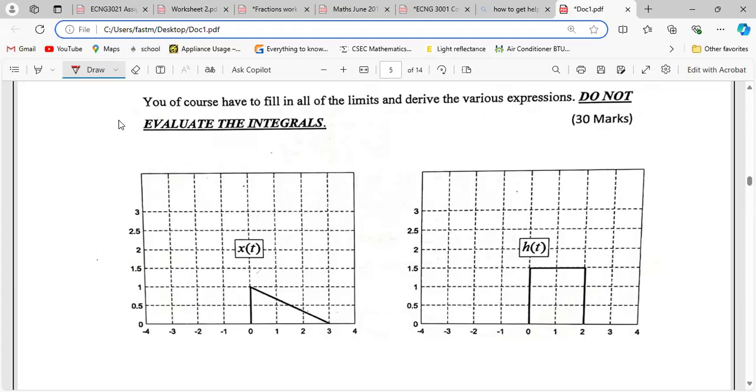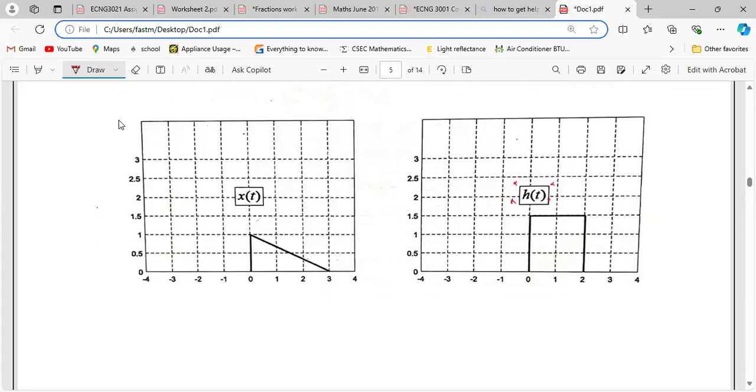So let me analyze this. Luckily for us, they gave us what x at t and h at t are. Since you have that, first thing you do, this will be h at tau.